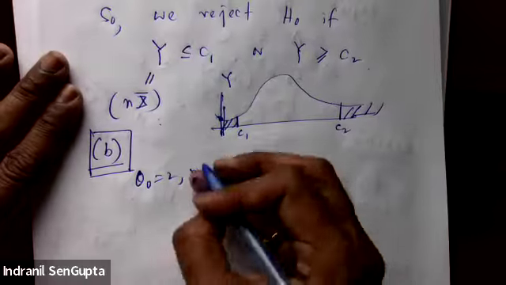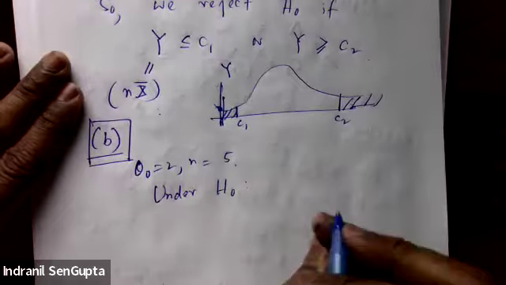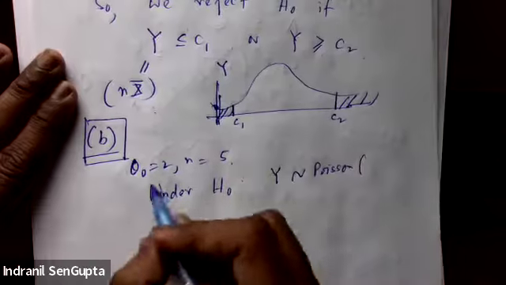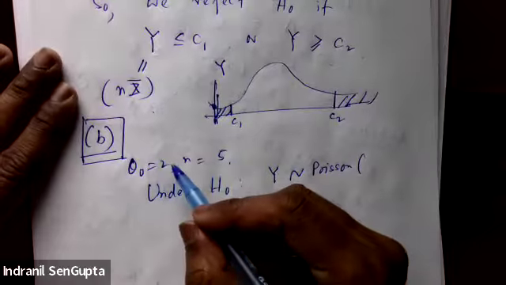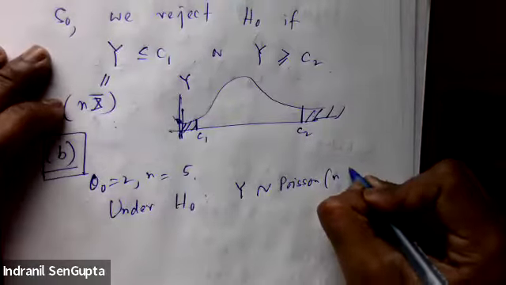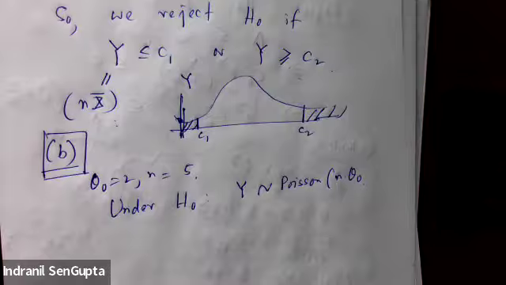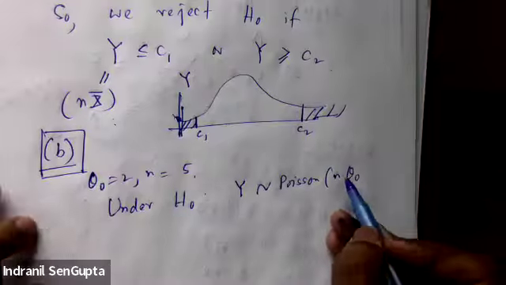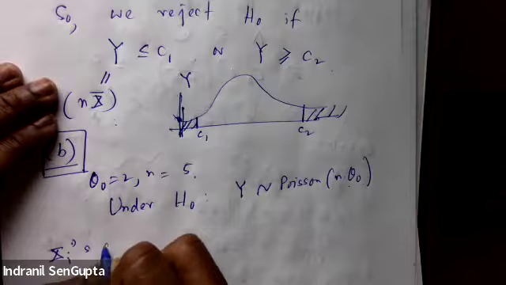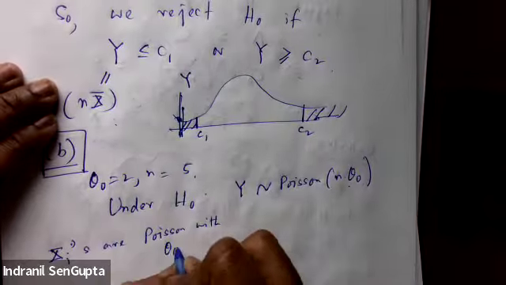Okay. So basically, under H0, Y follows a Poisson distribution. So what is the parameter? It's n times theta 0, right? So that's the parameter for the Poisson distribution. Why we're using this is because the Xi's are Poisson with parameter theta 0.